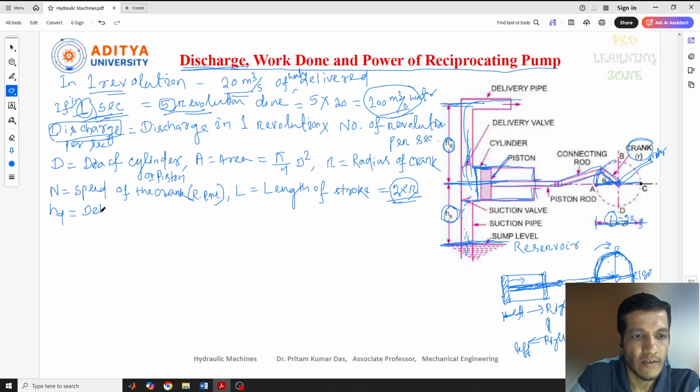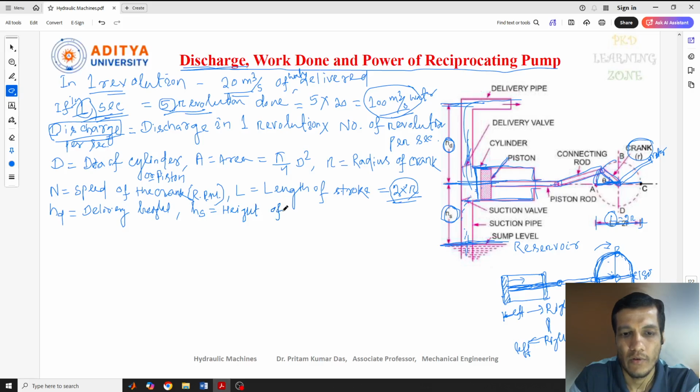So Hs is the height of the axis of the cylinder from the water surface. These are the terminologies required to derive the discharge, work done, and power of the reciprocating pump.